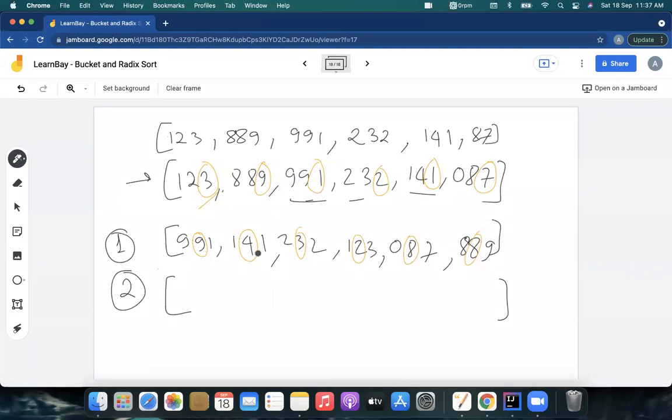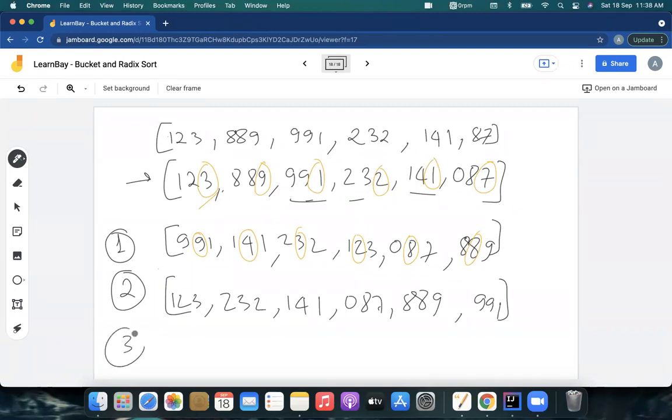The tens digits are 9, 4, 3, 2, 8, 8. So 123, 2 is the least. Then 3, then 4. I think after 4, the 8s come: 087, 889. And then the 9 comes.